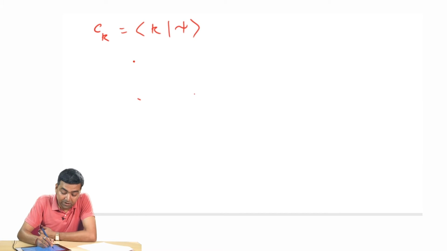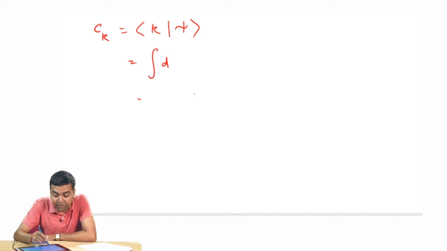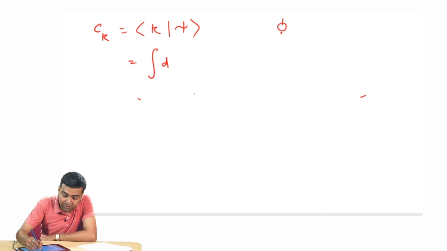That means I need to compute the projection of my wave function on this basis vector k. So, let me just write down my phi k of x is nothing but 1 by root over V e to the power i k dot x.